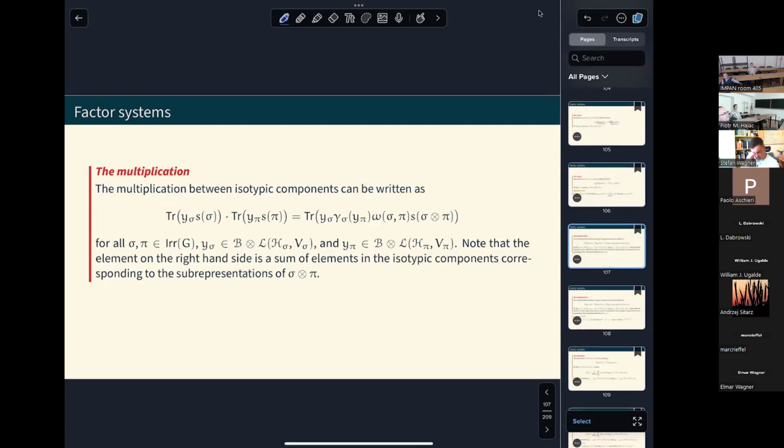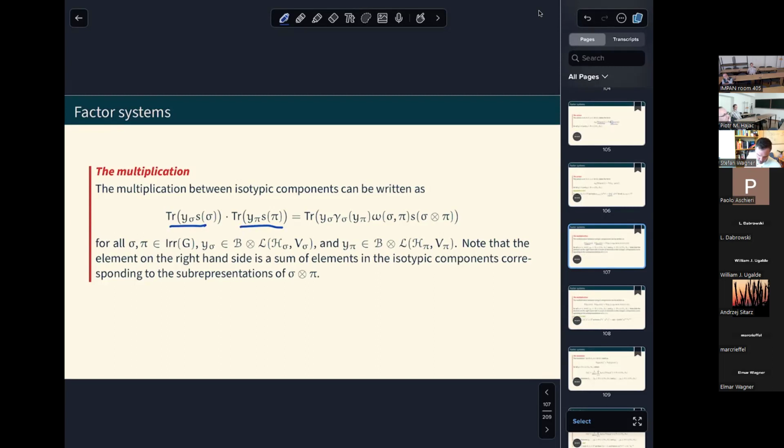The multiplication now is interesting. People who work with group extensions might see directly what's happening here. Now I have two isotopic components, one corresponding to sigma and one to pi. And then I want to multiply elements in the isotopic components. How do I do this? Forget about the trace.